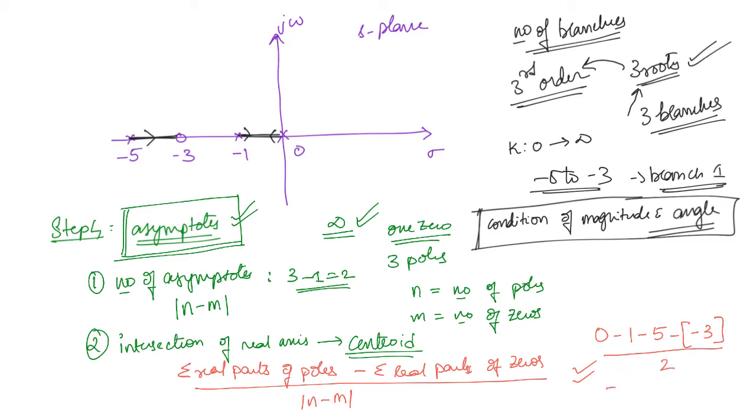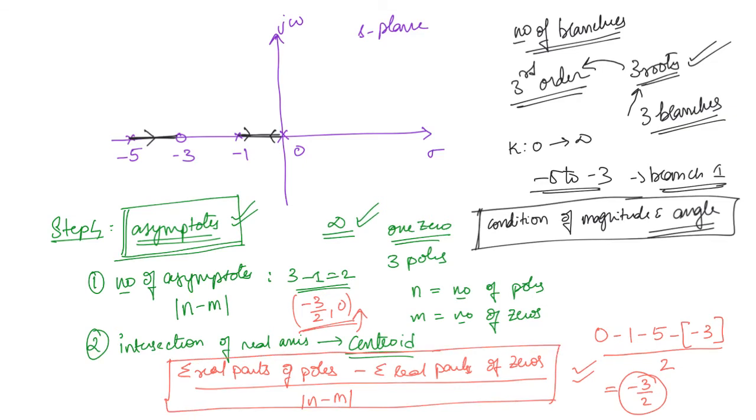So this you will get as minus 3 by 2. What is this point? This is the value of x where the asymptotes will intersect. So basically the centroid is given by minus 3 by 2 comma 0 for this example. So this formula will give the x coordinate of the point where the asymptotes will meet the real axis.